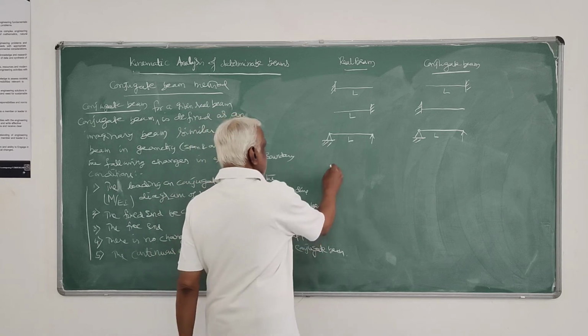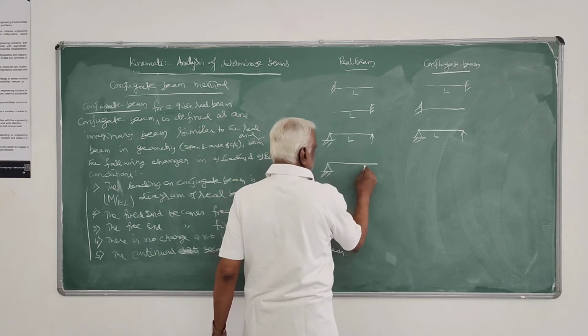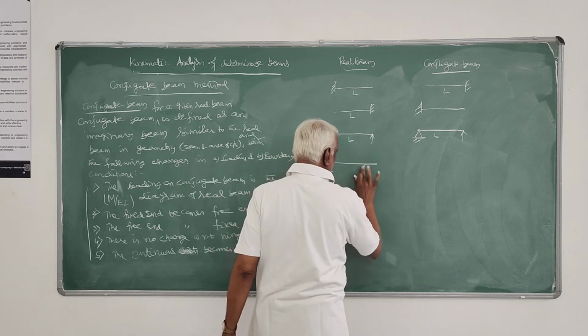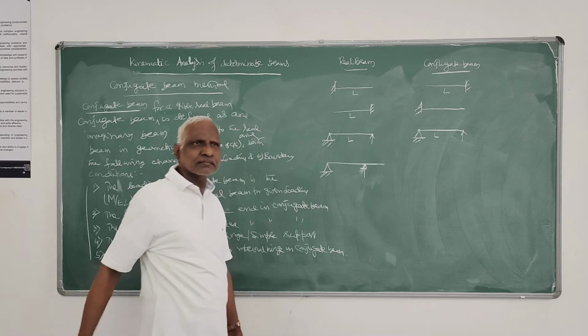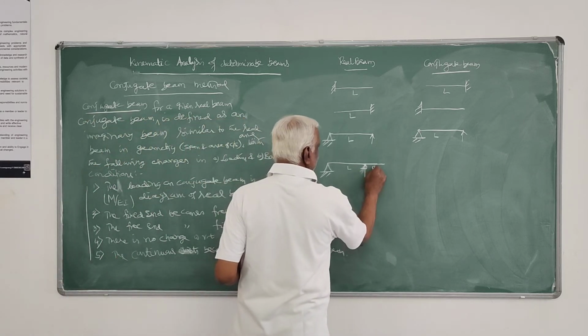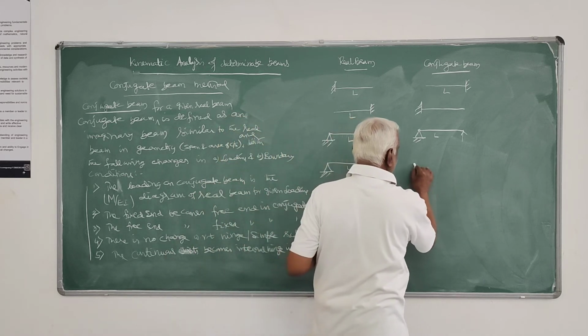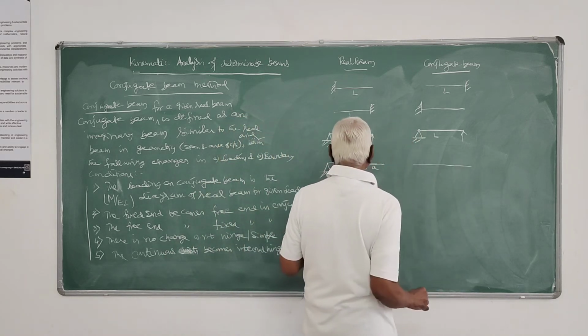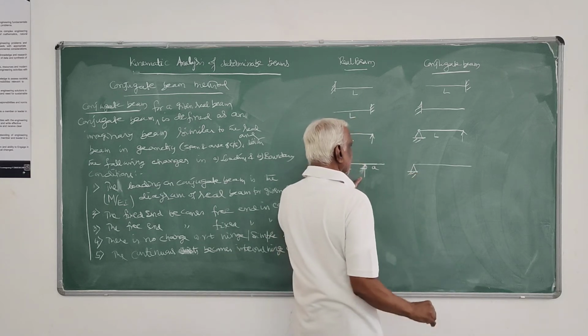Then the continuous end. Suppose this is the overhang beam problem given like that. This is the beam given, length L, and this is A. Then this is a simple support. The geometry remains the same, right? Here this support remains the same, right?